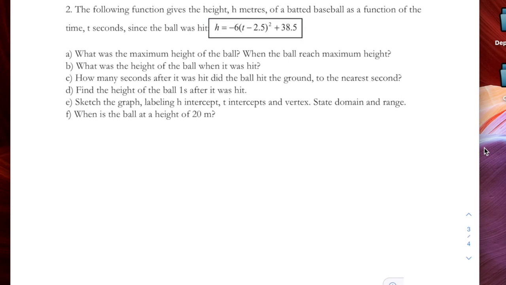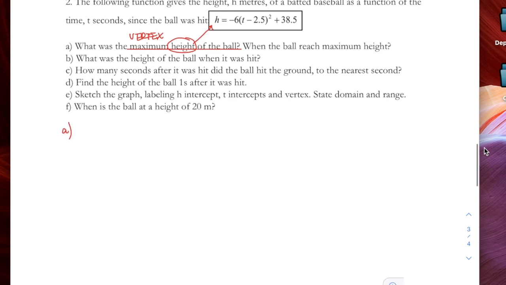Okay, so the first one is, what is the maximum height of the ball? So this is a key word, the word maximum, and we should be thinking right away that we're being asked about the vertex. And if we're being asked about the height of the ball, we're actually being asked for the h value. So if I look at the vertex of this guy, I know that the vertex is 2.5, 38.5.